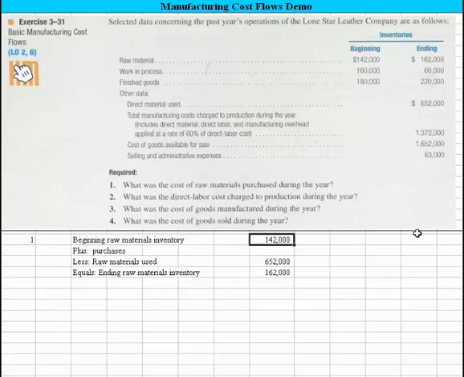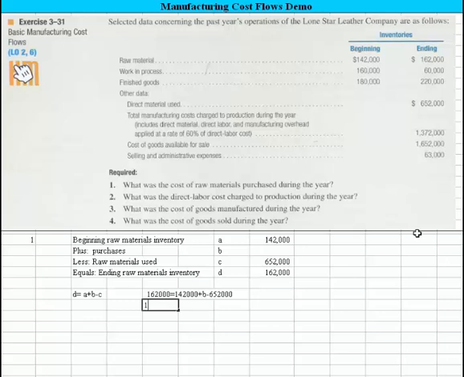So we essentially could say that this is A plus B, less C equals D. If we use math to solve for that, then we can solve for B. So D is equal to A plus B minus C. Now let's put in what we do know: 162,000 is equal to 142,000 plus an unknown minus 652,000. And then we just rearrange the terms.